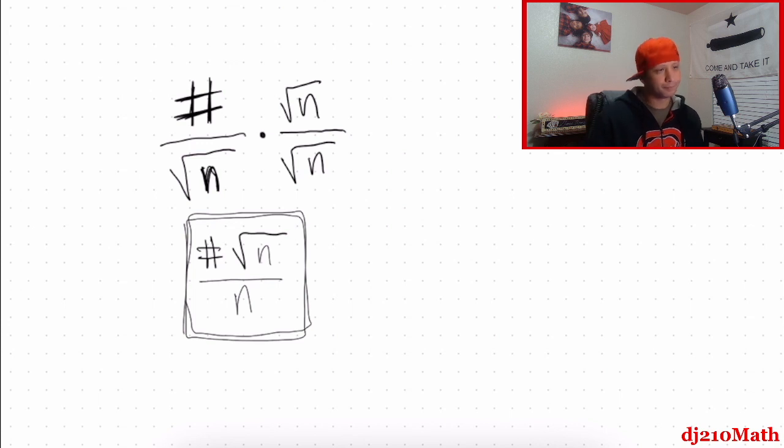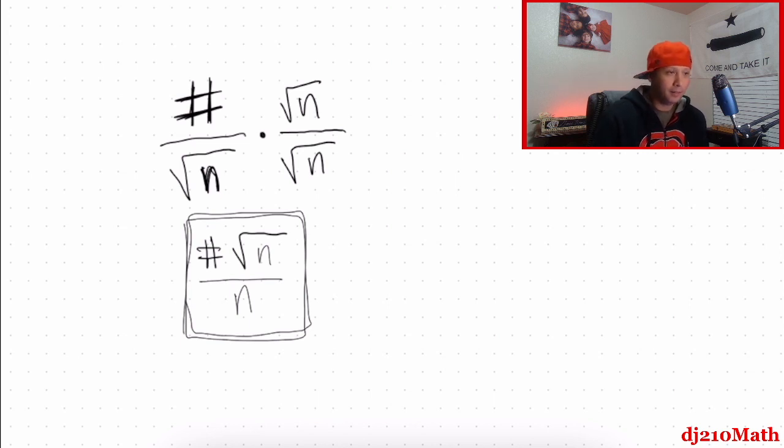So recapping, you have a number and you're going to divide it by a square root of some other number. Well, we don't like square roots in the bottom of the fraction. So you're going to have to multiply that fraction, top and bottom, by whatever number is in the denominator, right? Whatever that square root is, that's the thing that you're going to have to multiply top and bottom by.